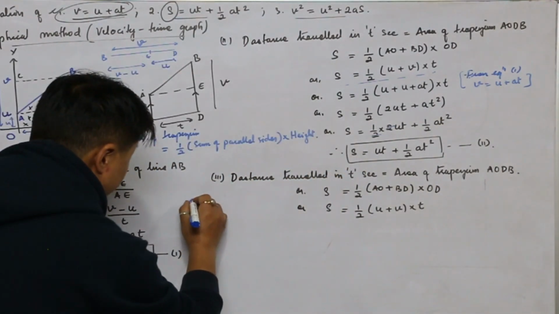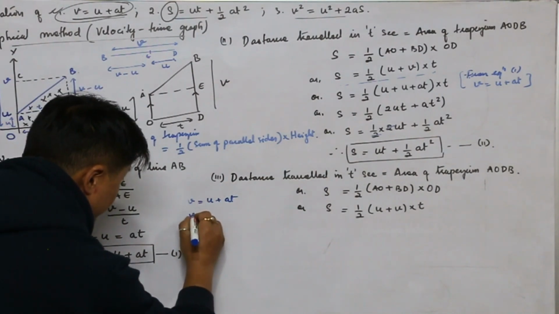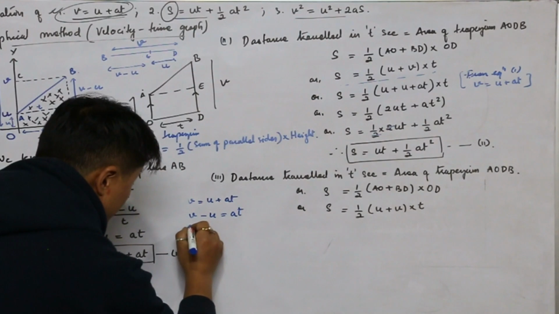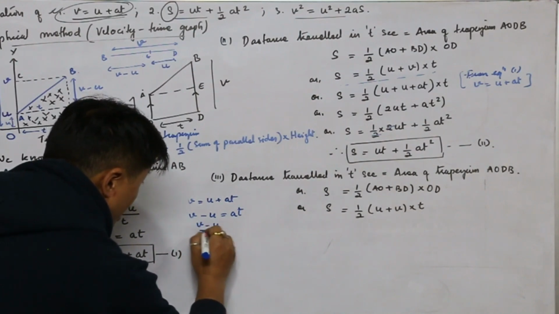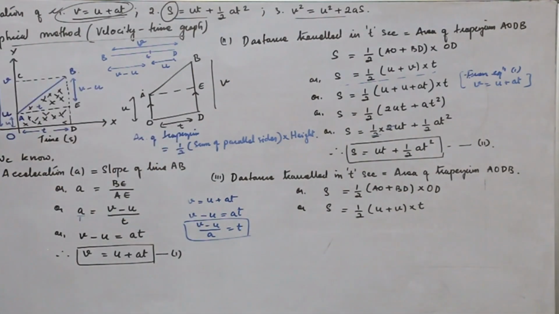We already know that V is equal to U plus AT. From here, V minus U is equal to AT, or (V minus U) upon A is equal to T. From here, we can get the value of T also.